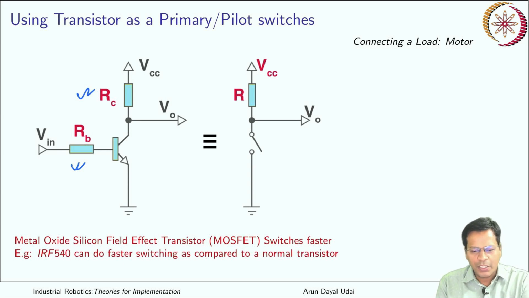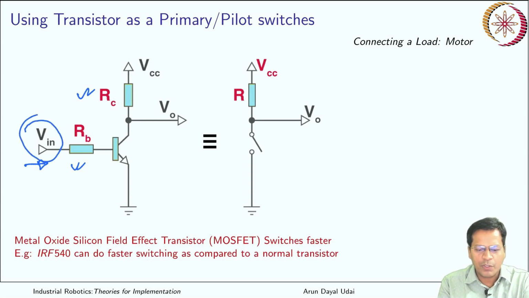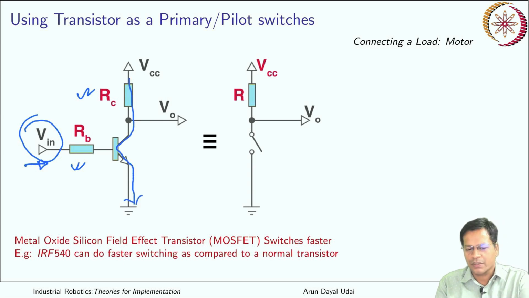If it is in a switching mode, not in an amplification zone, it is just about to saturate with even a small amount of current fed from here. So if you apply a small amount of current from here, it will get biased and current flows from here to this. So that is the gate type of operation, right?